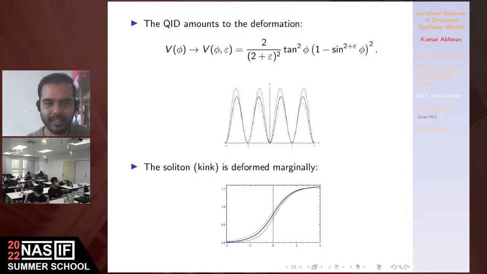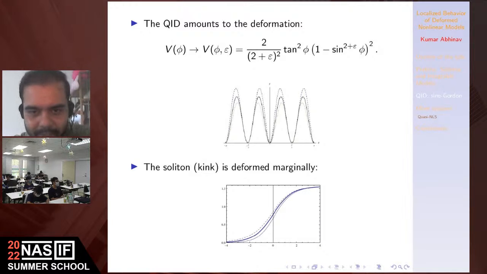The deformation is like this: introduce a parameter epsilon like this, and you can see if epsilon is equal to 0, you get the undeformed system automatically, no problem. So the potential is deformed like this. I hope you can see this.